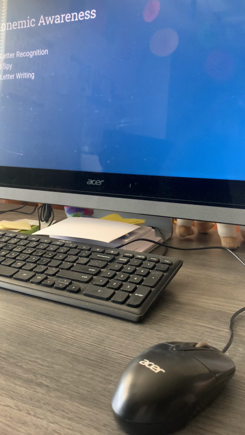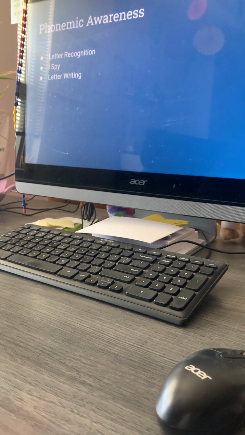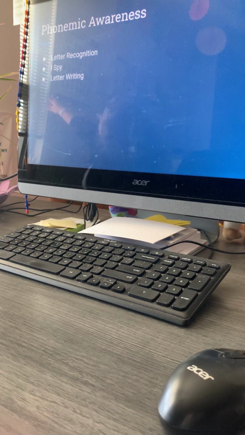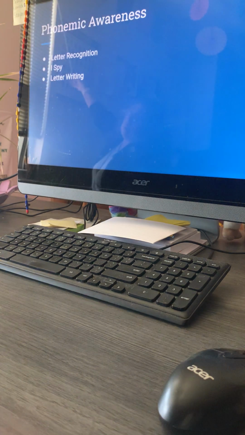Another way to help with phonemic awareness is to play the I Spy game. With the I Spy game, you can look at a text or a passage that you have been reading as a class.